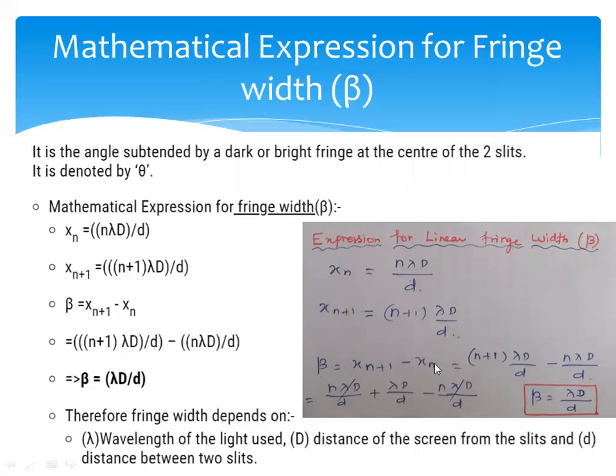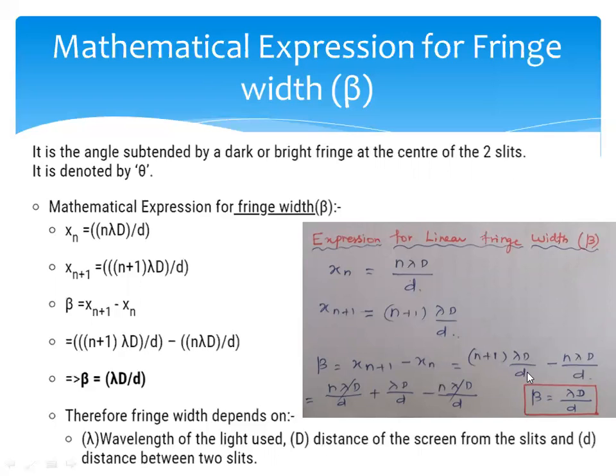Here we substitute the values: x of n plus 1 minus xn is equal to n plus 1 lambda D by d minus n lambda D by d. So this value minus this value.